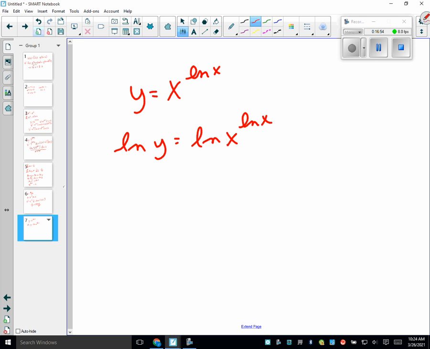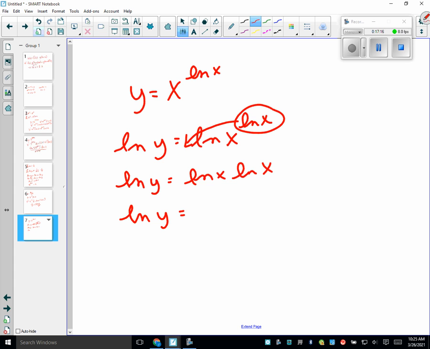Is this ln of y equals ln of x times ln of x? Because this exponent comes out front. So now I have ln of y equals ln of x squared.